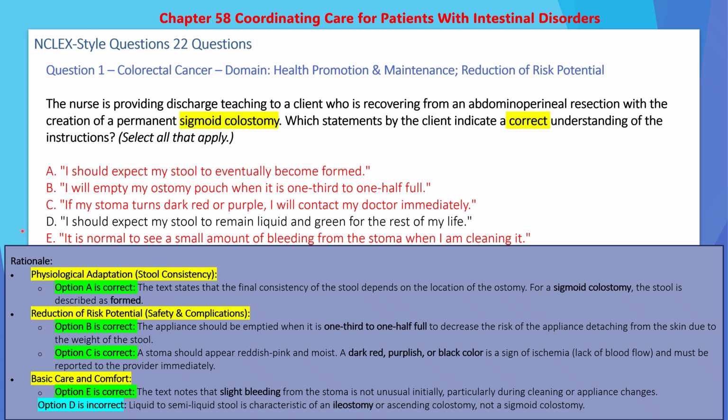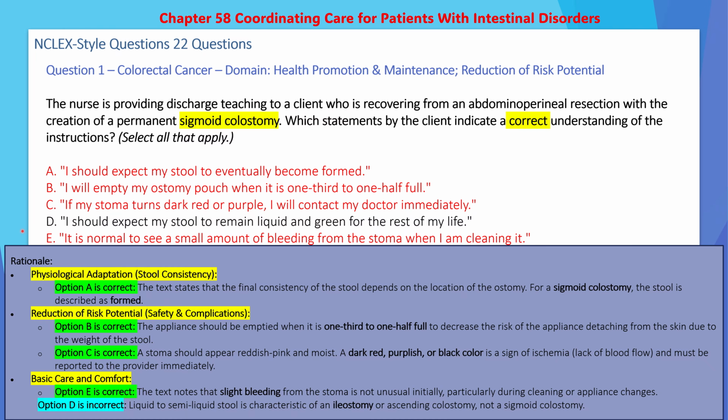Option B, the appliance should be emptied when it's 1/3 to 1/2 full to decrease the risk of the appliance detaching from the skin due to the weight of the stool. Option C, a stoma should appear reddish pink and moist.